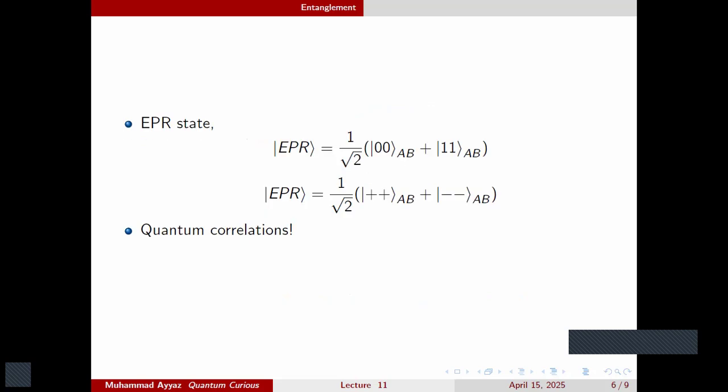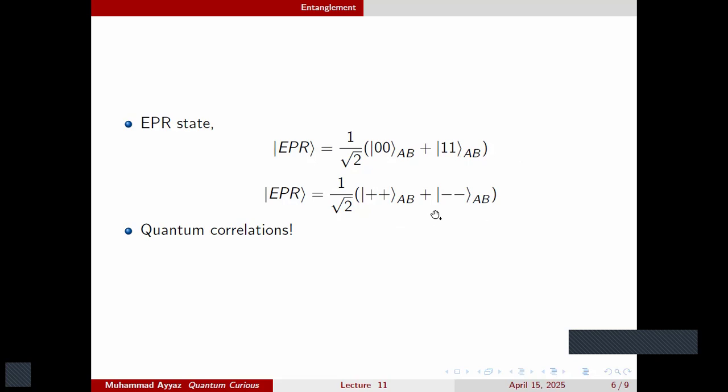So the next state is the most famous state, and it is regarded as the maximally entangled state in the two-qubit case, and it is called the EPR state. We could see that we cannot factorize anything out of it, from the part of system A or system B. And symmetrically, we could write the same state in any basis, and it is written in that case in the Hadamard basis.